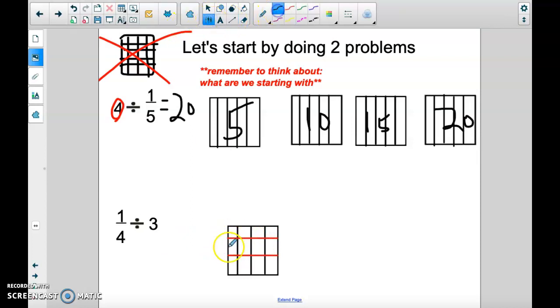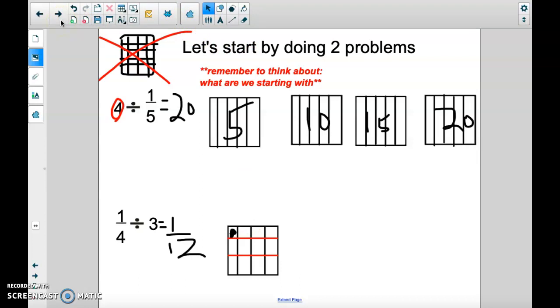So my answer is this right here: 1/12. Not 12. 1/12. Okay? If I'm taking a fourth and splitting it up, it can't get to 12. If you're splitting up a fourth, it's going to get smaller, not bigger. All right? Hopefully that makes sense.